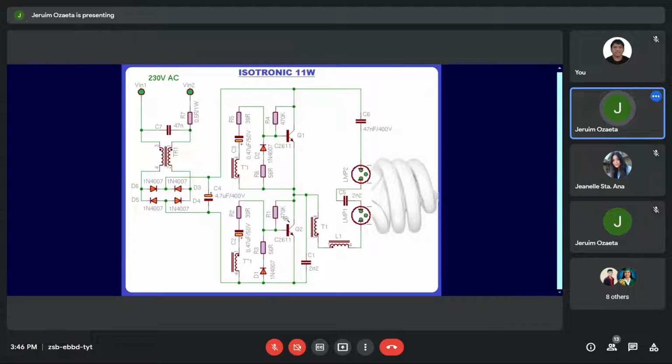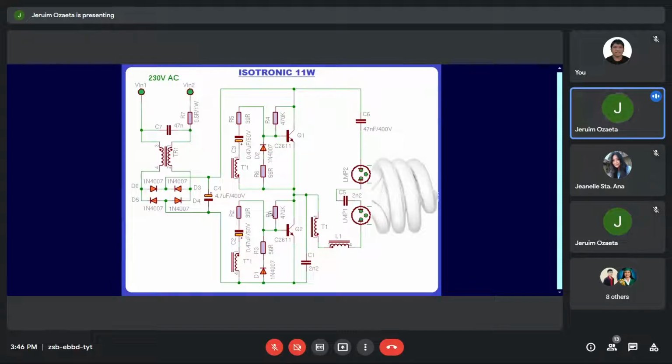Q1 and Q2 will be brought into an oscillation such that when Q1 conducts, Q2 will not conduct. By the time that this stops to conduct, Q2 will conduct. And the rate of conduction and then shut off, the cycle, will be determined by the charging and discharging of the capacitor C2 and C3.